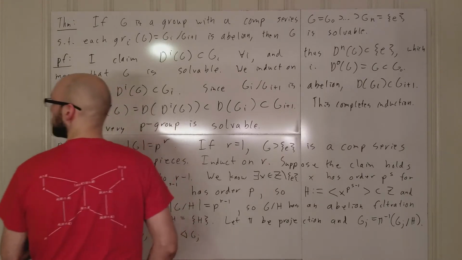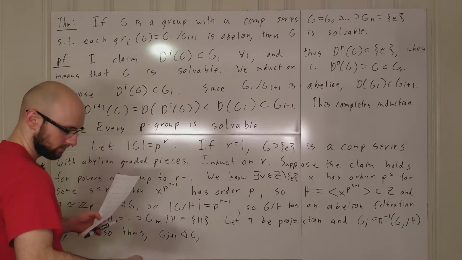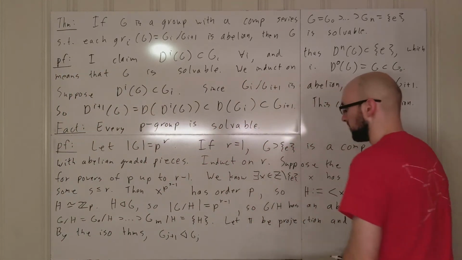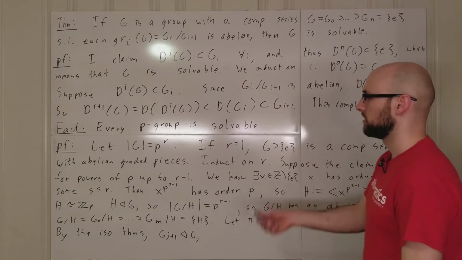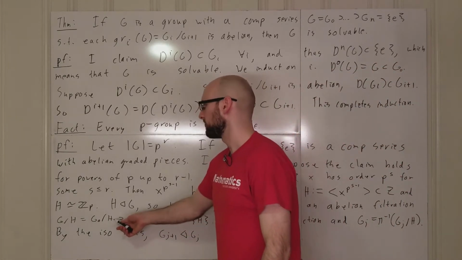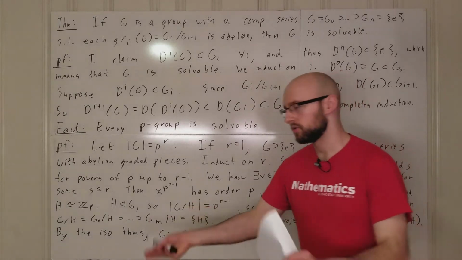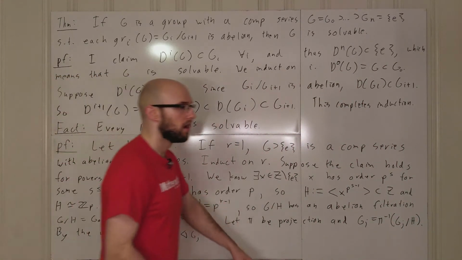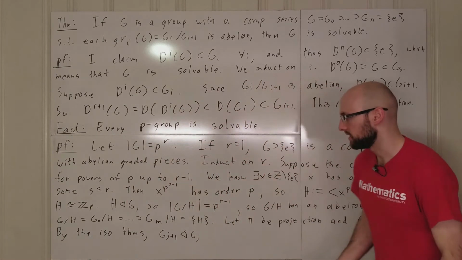And why is that? Let me make sure I'm not going over. Okay. Why is that? This is because the isomorphism theorem that establishes the correspondence between subgroups of G mod H and subgroups of G also tells you about normality.